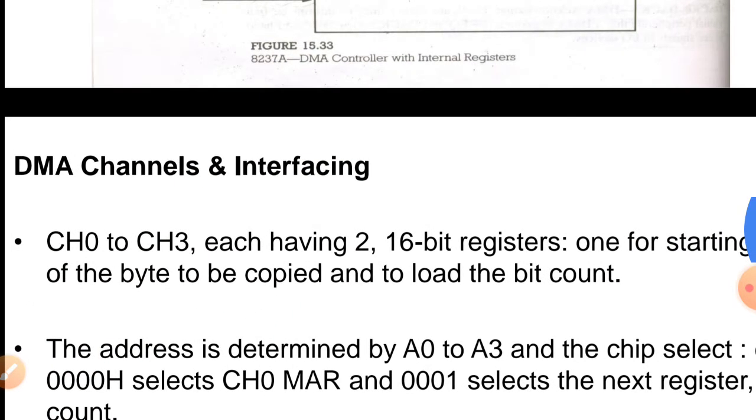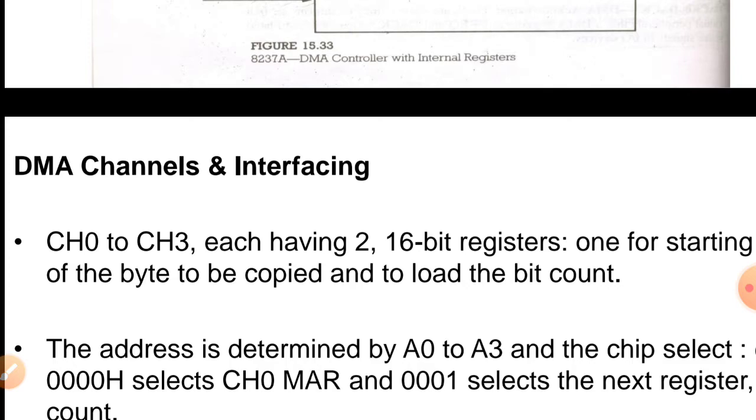First of all, let us discuss the DMA channels and their interfacing. As far as the 8237 is concerned, it has 4 independent channels: channel 0, channel 1, channel 2, and channel 3.